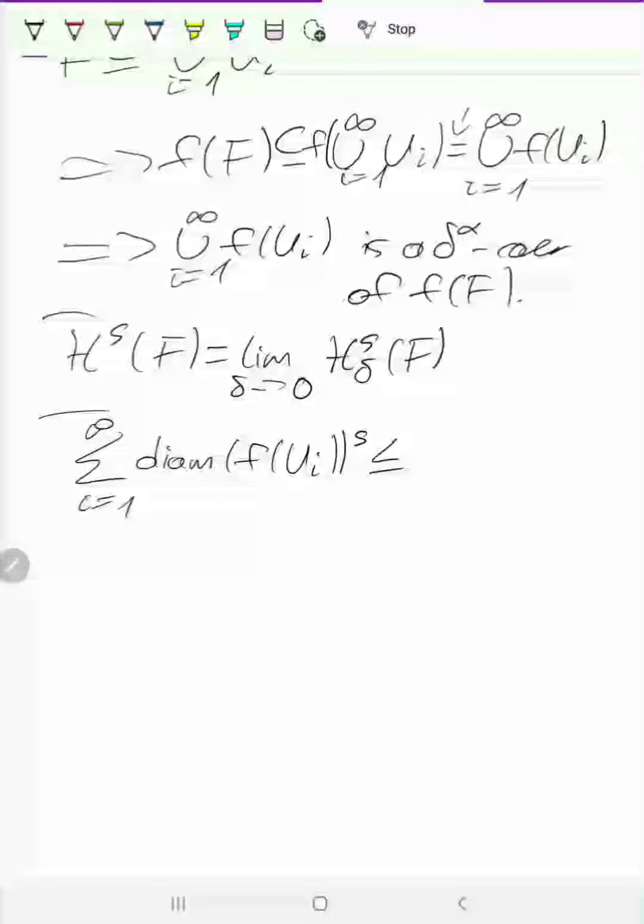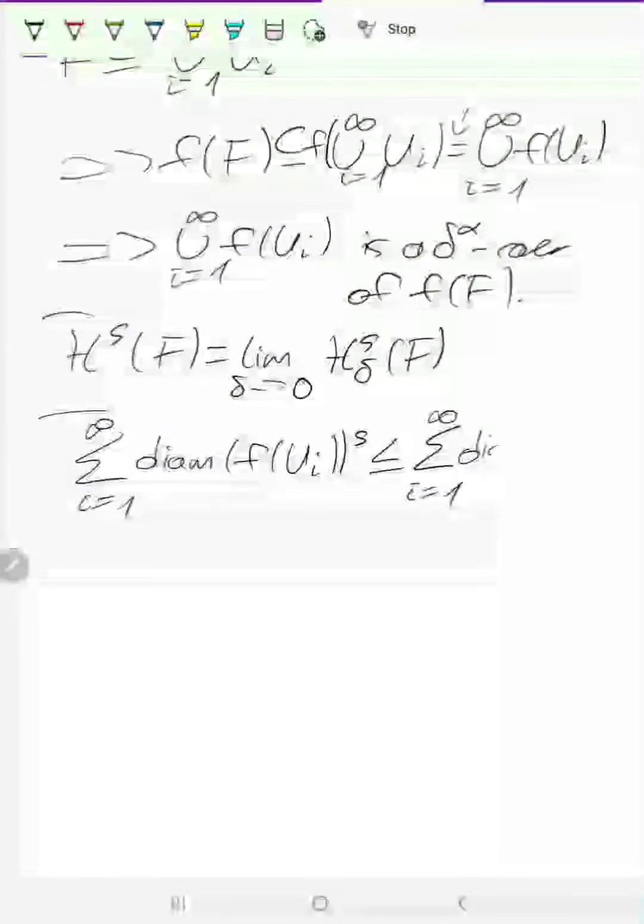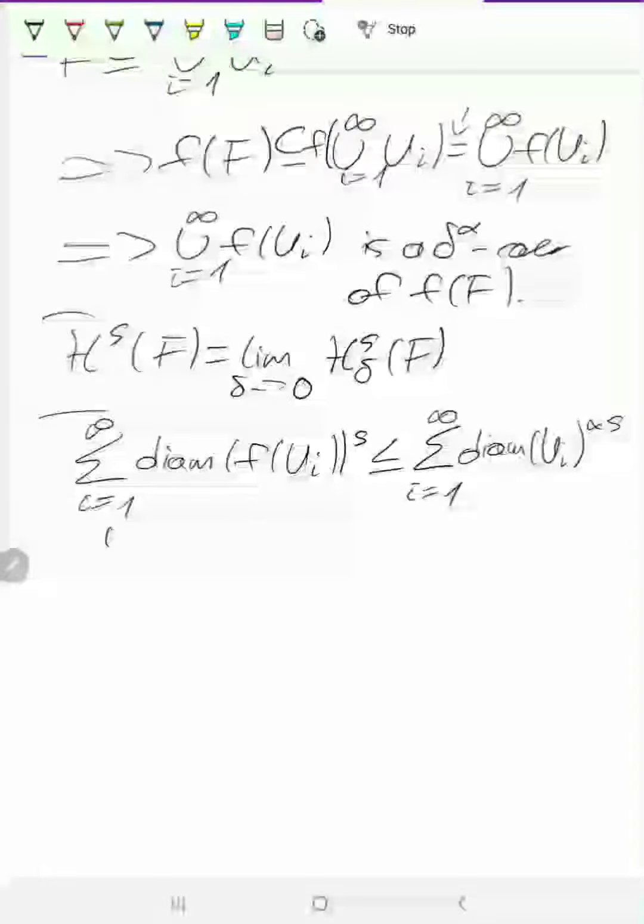So again, U_i is a delta cover. And then, well, we apply Hölder continuity. We get that this is at most this series over the diameter of the U_i to the alpha s. Let me write it by Hölder continuity.